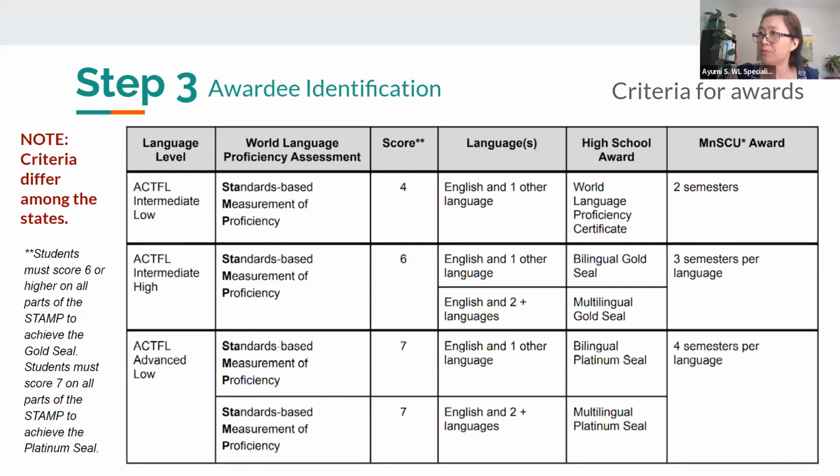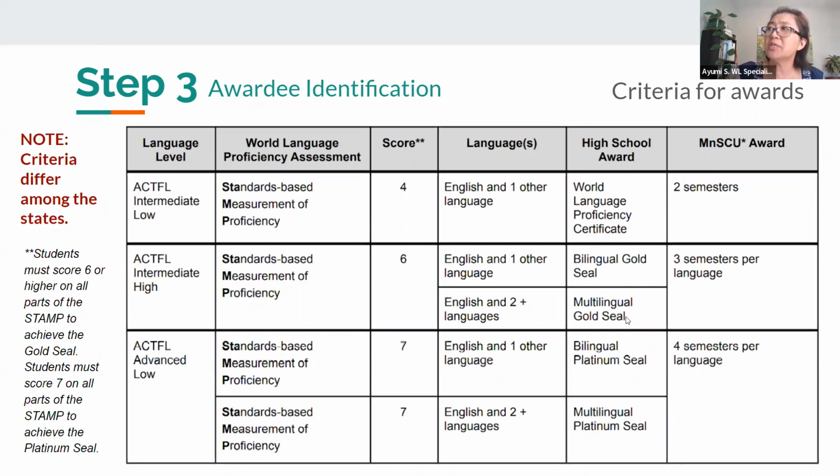So ACTFL intermediate low is equivalent to Avant STAMP score 4, and that is a World Language Proficiency Certificate award in Minnesota. The Minnesota State Colleges award 2 semesters of college credit, and for intermediate high it would be the Bilingual Gold Seal, and at the Minnesota State Colleges 3 semesters of credit. That score is 6, the equivalent from Avant.